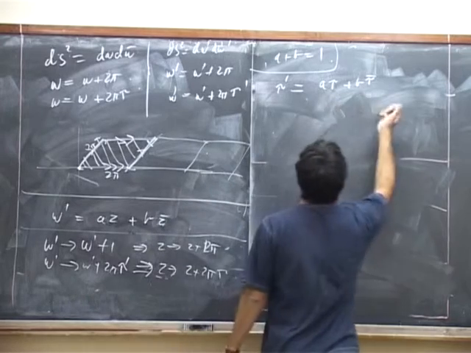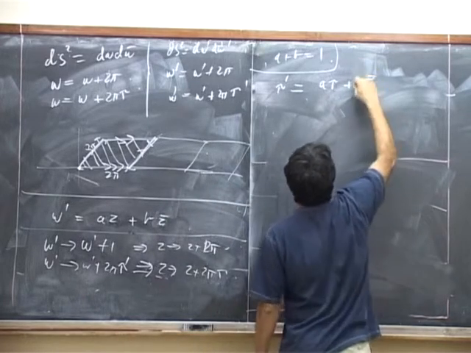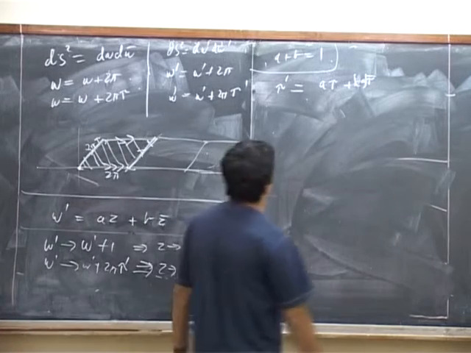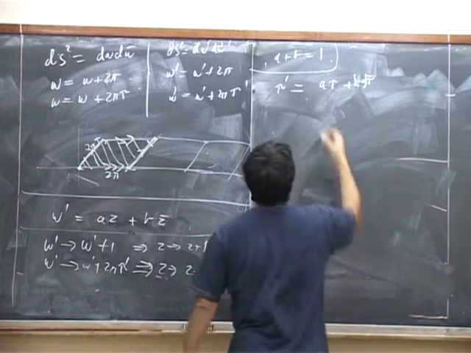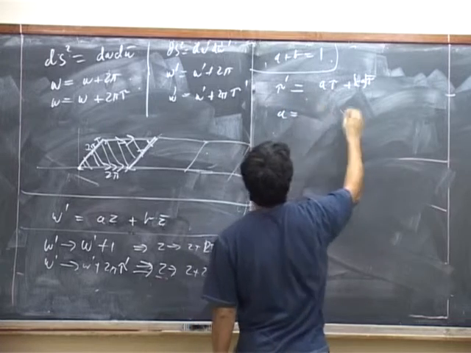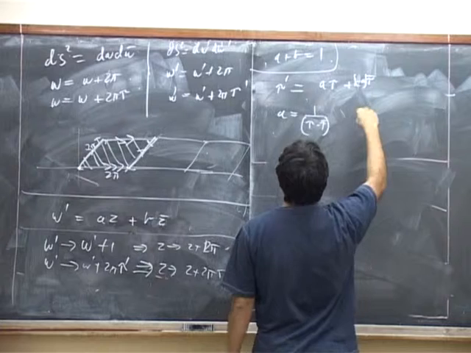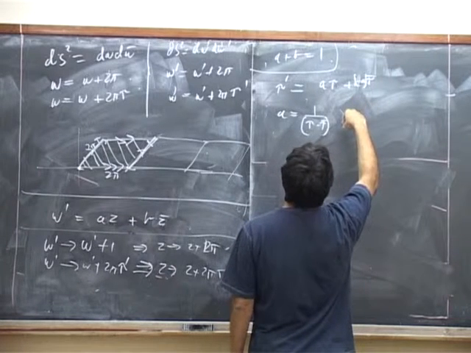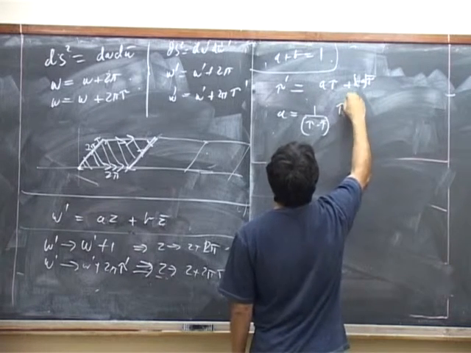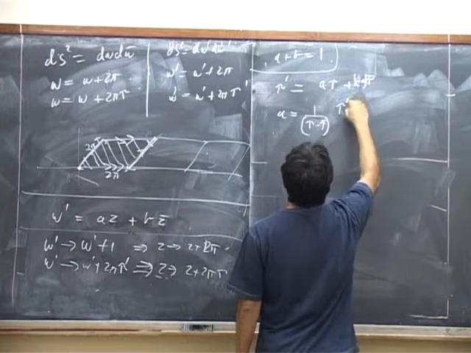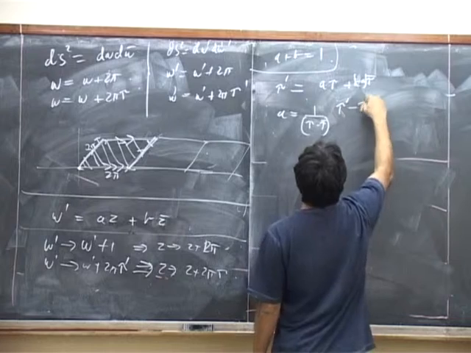We also had A plus B equals 1, so let's write this as 1 minus A. Now we can go ahead and solve. We find that A is equal to 1 over tau minus tau bar times tau prime minus tau bar.